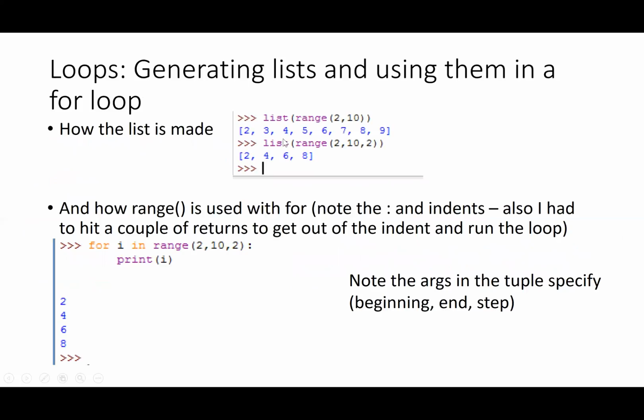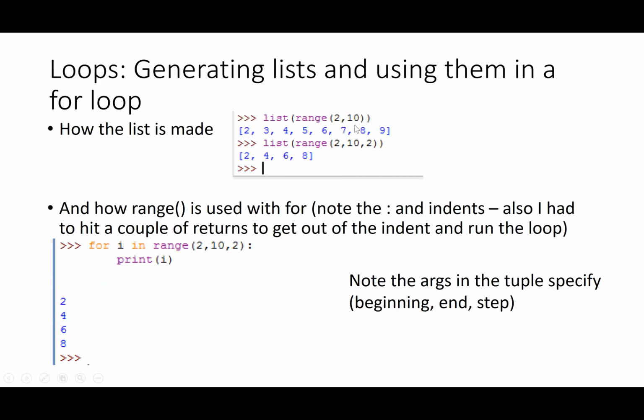List creates a list from the numbers generated by range, and so here we go. I have specified for range the arguments 2, which is the beginning of the range, and 10, which is the end of the range, and with no other arguments, it will now generate numbers 2, 3, 4, 5, 6, 7, 8, 9.